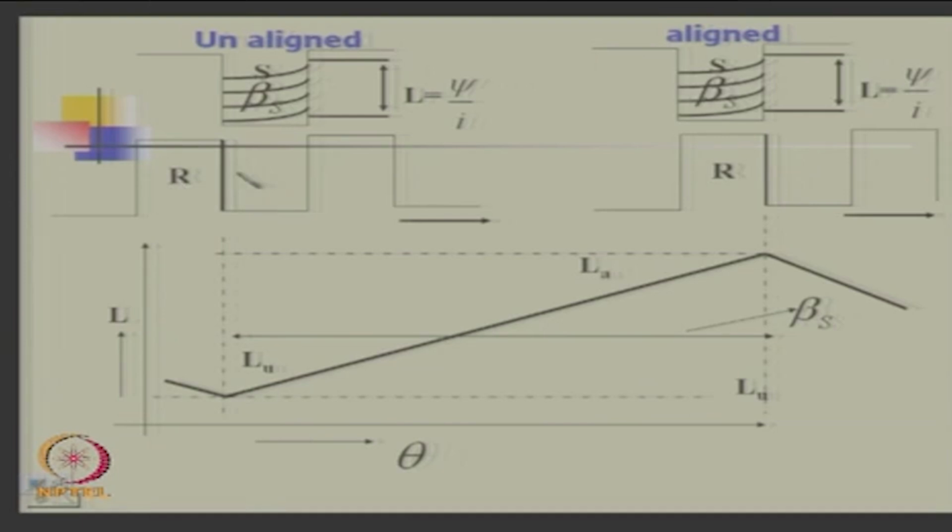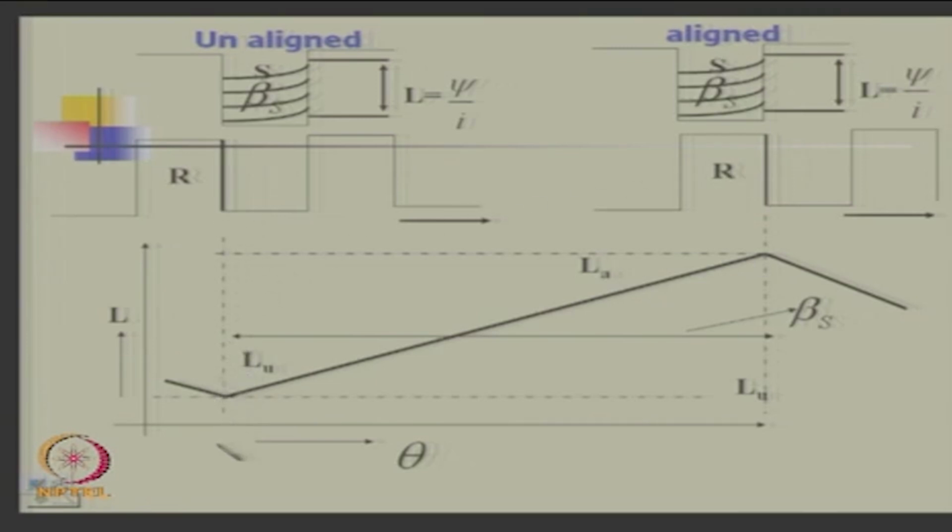In this case we are assuming beta S equal to beta R. At the unaligned position, the whole of the air gap is fully in line with the pole. Then from unaligned it goes to aligned, which means beta S and beta R are the same, the whole stator pole is fully in line with the rotor pole.